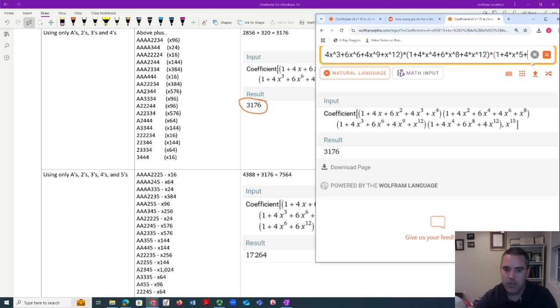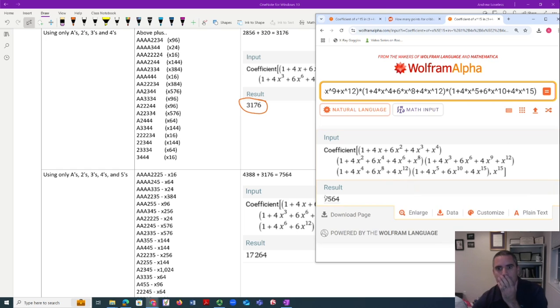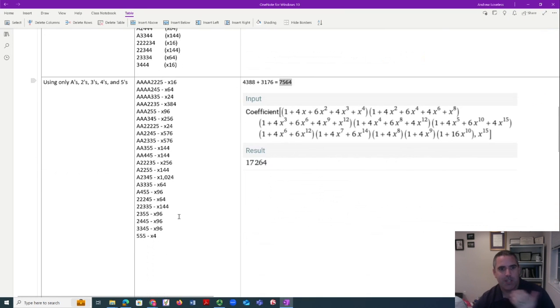Now we're at 5. Plus 6 ways you can get 2 x's, which would be 10. And 4 ways you could get 3 x's, which would be 15. Coefficient: 7564. Thing of beauty.